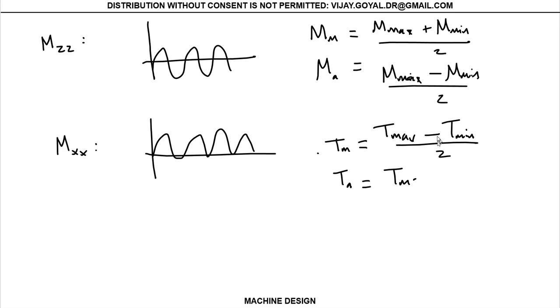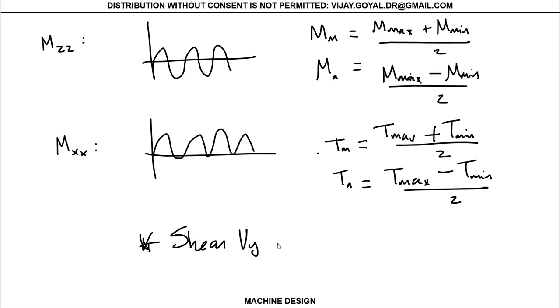I'm sorry, the mean is torque max plus torque minimum divided by 2. I am not going to include shear because shear plays no role. It's not necessary to calculate what really happens to shear.